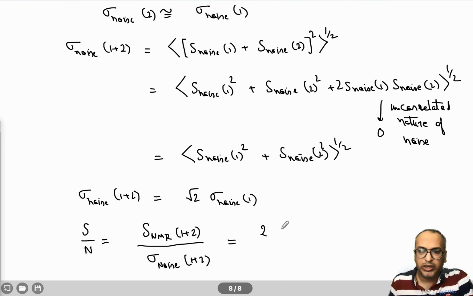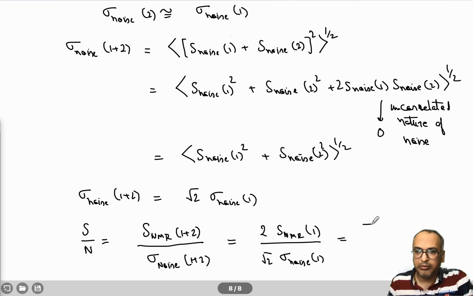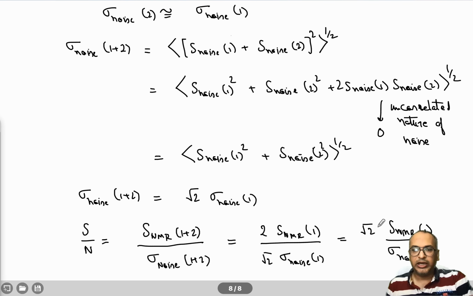And this will come out to be 2 times the signal in one experiment and root 2 times sigma noise in one experiment, and this can be written as square root 2 times the signal in the first experiment over sigma noise in the first experiment. So that means if you calculate the signal to noise after addition of the results of two experiments, it becomes square root 2 times the signal to noise of the first.